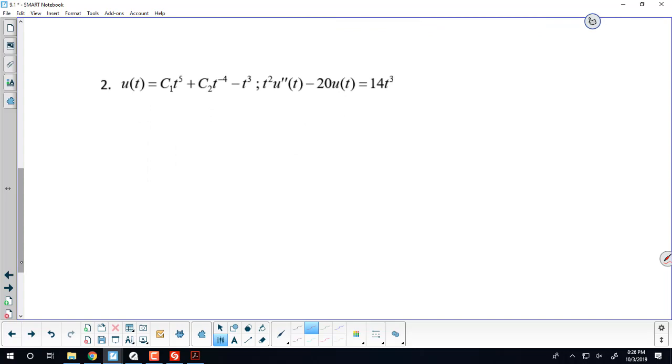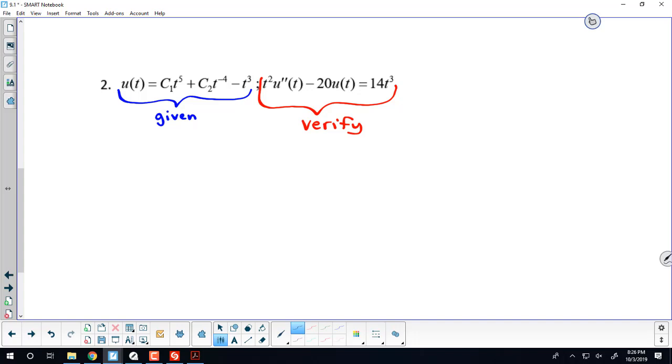Same thing in example 2. The function here is u of t. We're actually given both things, but I want to verify this. Our differential equation involves a second derivative.